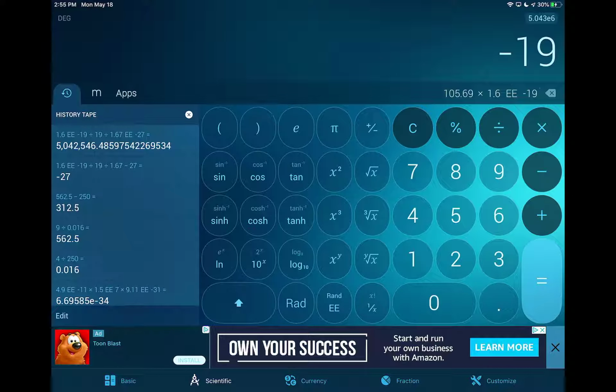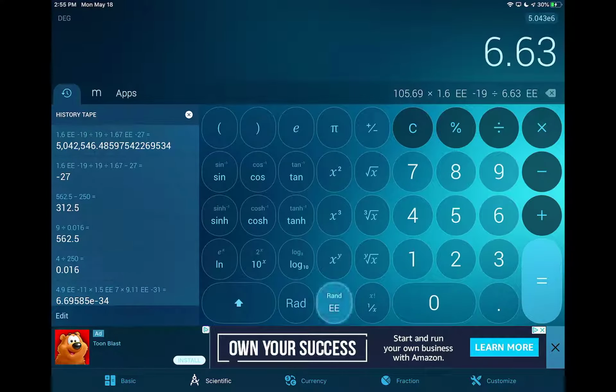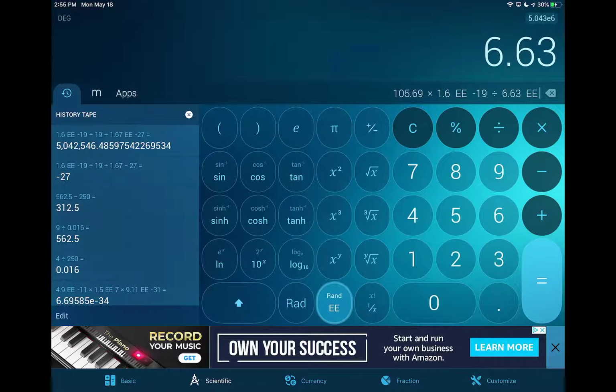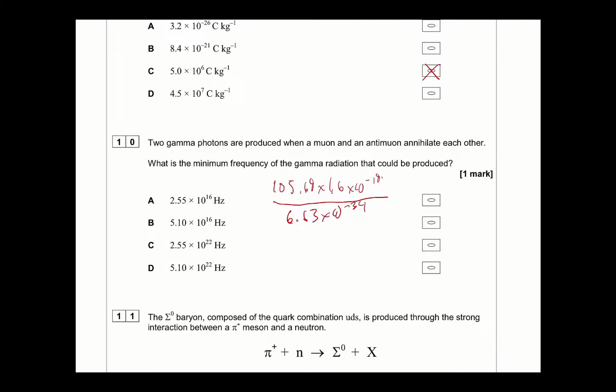Minus 19. And then we divide it by 6.63. 2.5 times 10 to the 16. There we go, no problem. Just a straightforward application.